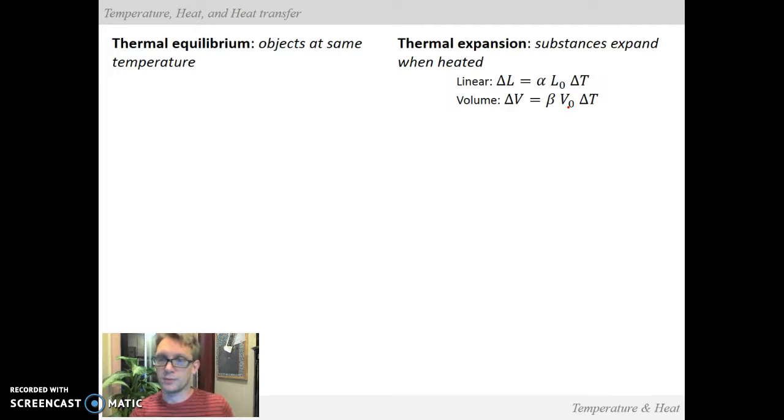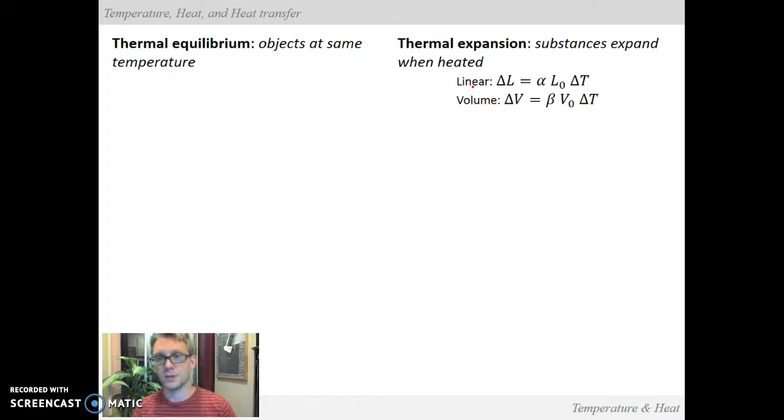So when you're presented with problems that have to do with size change, make sure that you're using the right one. If it's talking about a linear, usually referred to a bar or a cylinder that's heated and then expanded linearly. Volume, usually like a cube or a box or even a sphere.